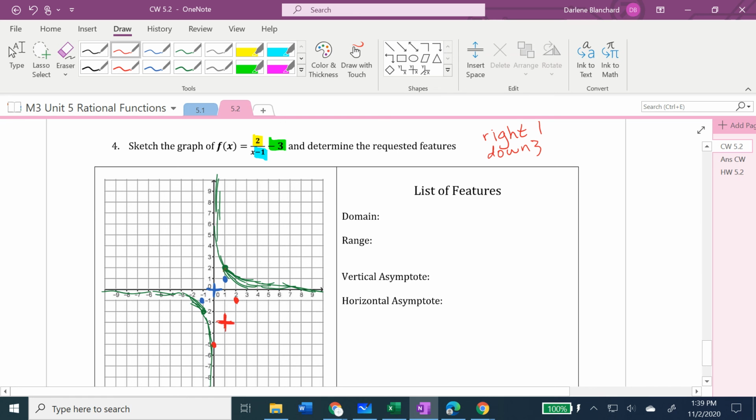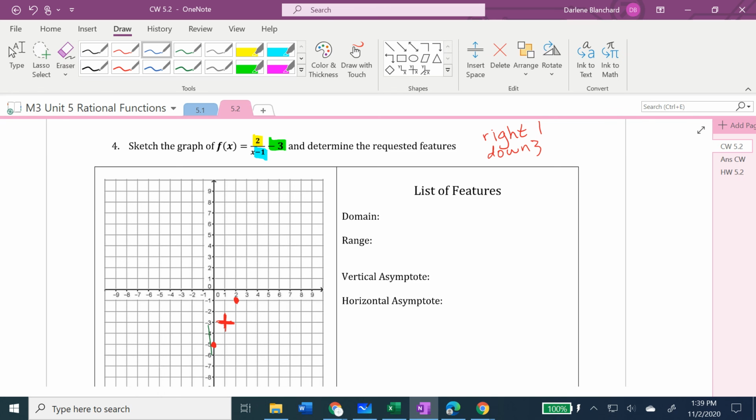So now that I've figured out where things are located, I'm going to erase all the pieces that help me to get to where I am. Good enough.